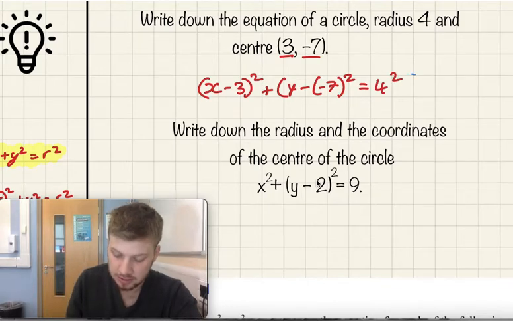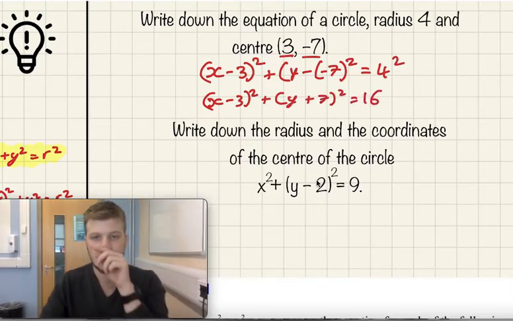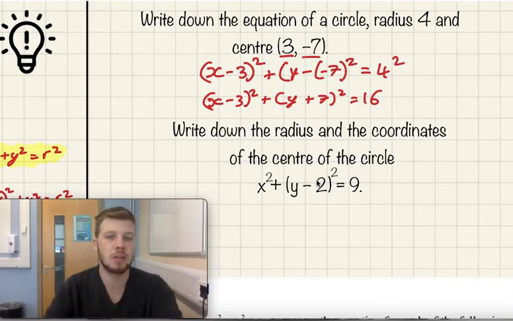So writing this out nice and neat in one line, we should get (x minus 3) squared plus (y plus 7) squared is equal to 16. Okay, we should be happy with that, we should be confident.